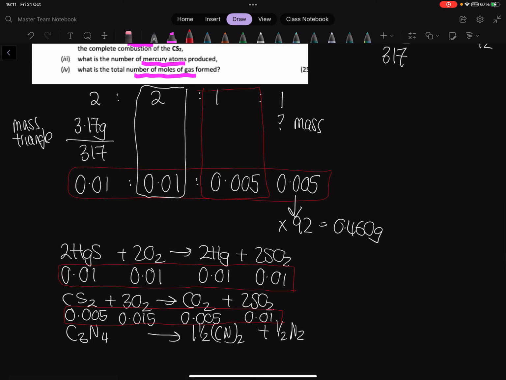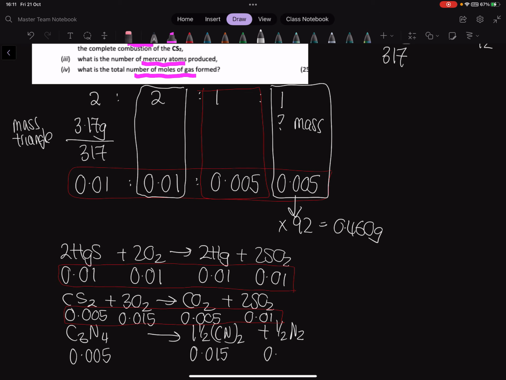next 3 equations. The C3N4 is this last one, so we know that 1 equivalent is worth 0.005. If this is now going to be 1.5, it must be 0.015, and if this is going to be, isn't that right?